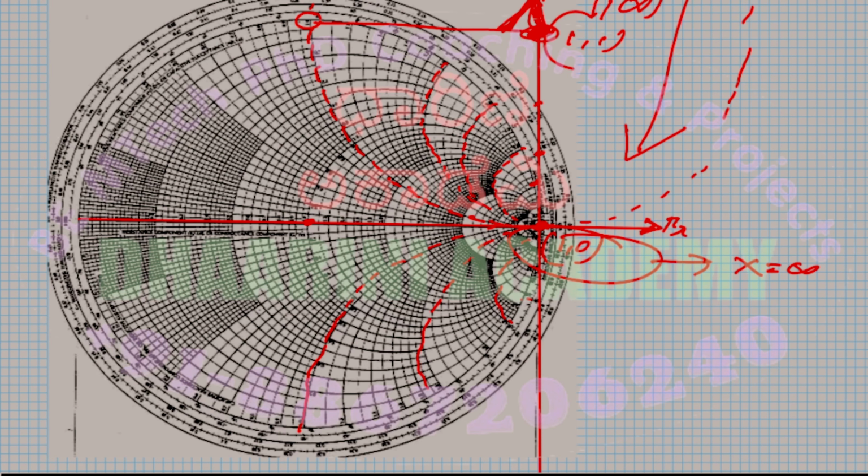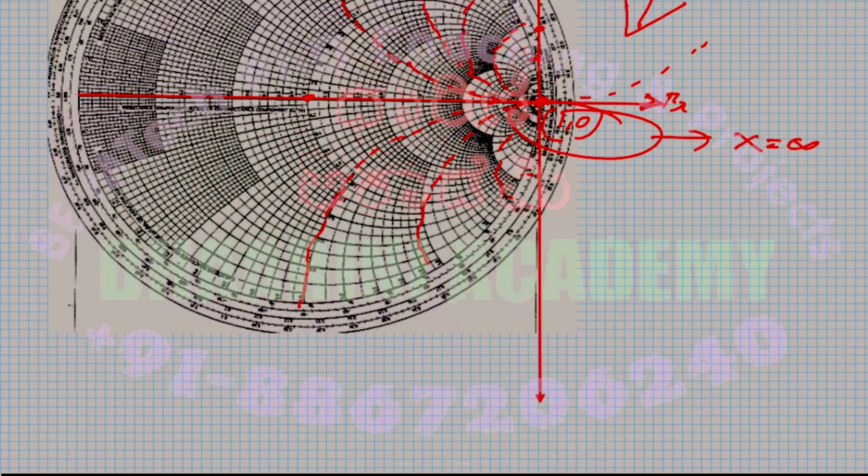And now we'll try to mark the various impedance points on this.